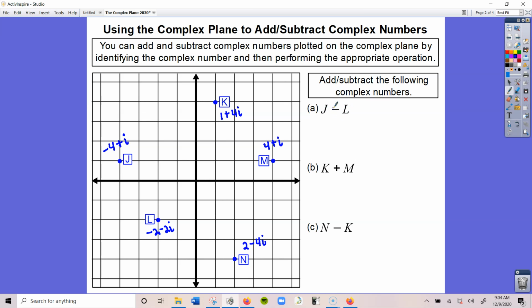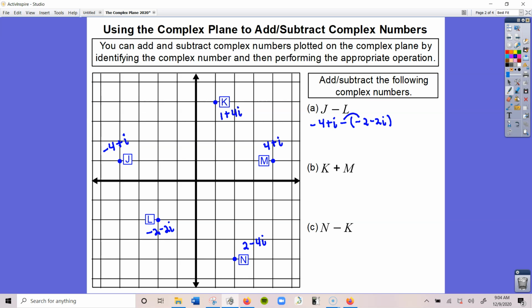If I have J minus L, then we would do -4 plus i, because that's what J is equal to, minus L, which I'm going to put in parentheses because since I am subtracting the entire complex number, we want to make sure that we remember to distribute the negative. So anytime you have a minus, make sure that anything that goes after that minus, you put in parentheses.